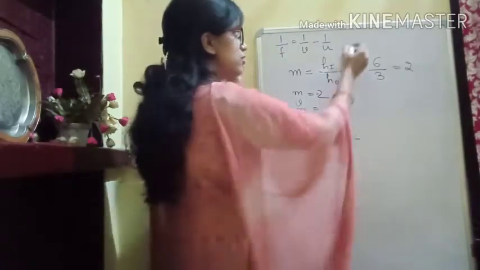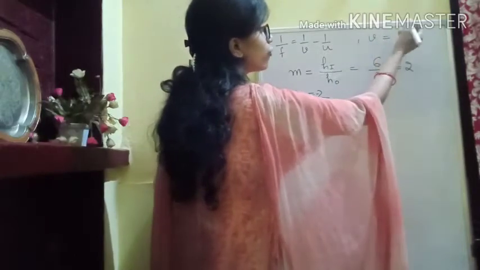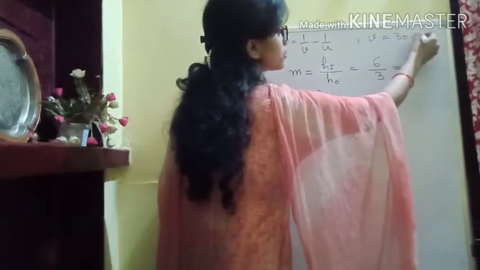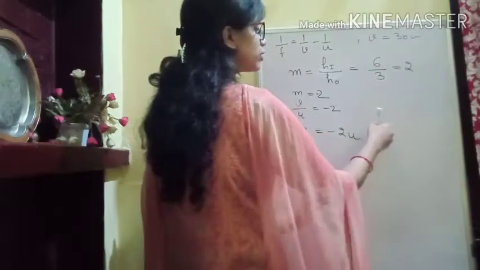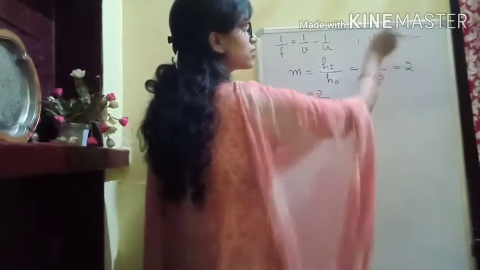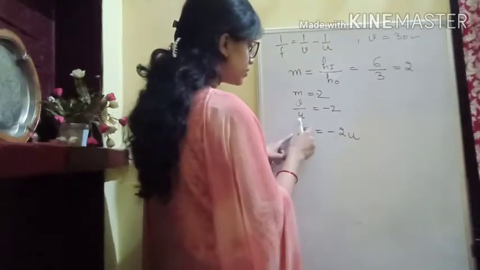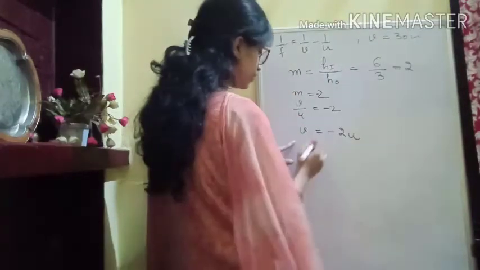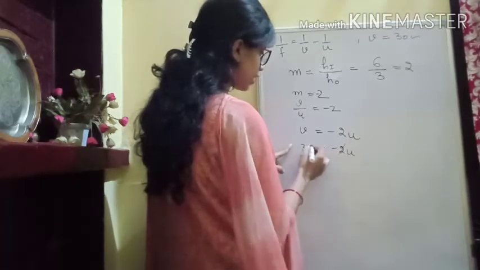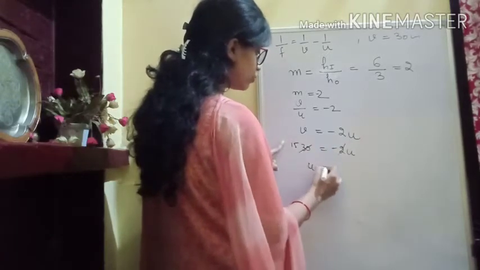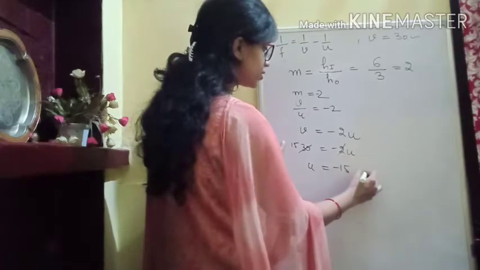Also we have seen just now that v was given as 30 centimeter. In the formula we have seen that the distance of the image from the optical center was given as 30 centimeter. So this v we can write as 30 centimeter. So it is 30 equals minus 2u. If you cancel, this will give you u equals minus 15 centimeter.